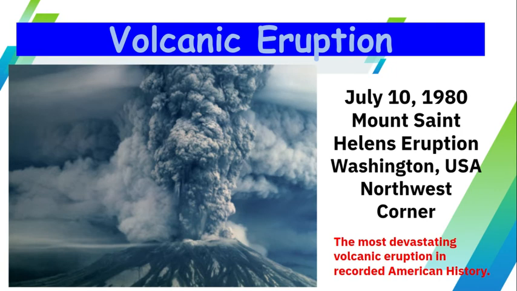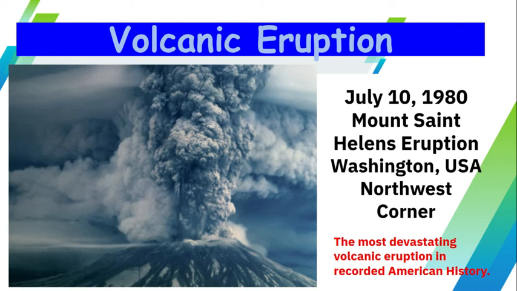Now, here's a picture of a volcanic eruption. It happened on July 10th of 1980, about 30 years before you were born, for most of you. It was the Mount St. Helens eruption, Washington State, United States.